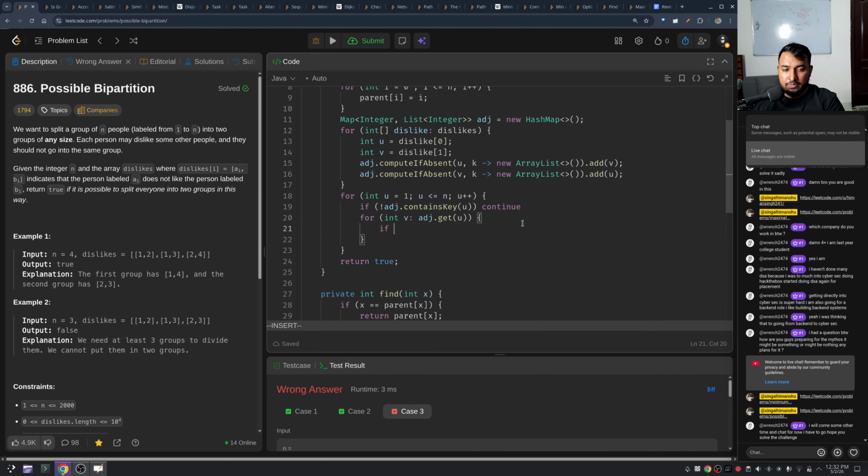We check if parent of find u equals find v, we return false. Otherwise, we union. That means.